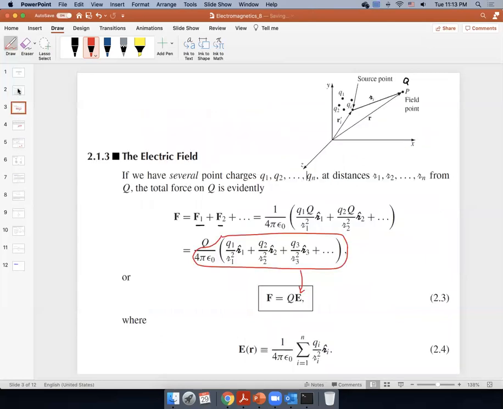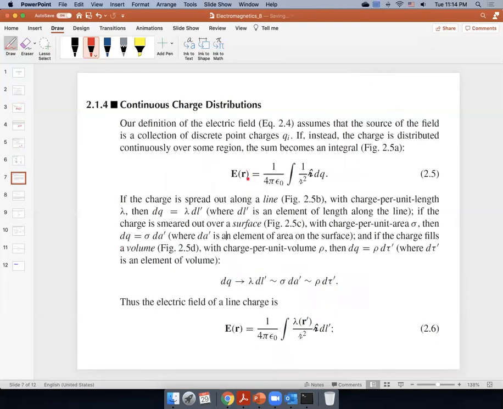Now let's see the equation of sum. So if it's for point charges or discrete charges, the field could be written as the sum of electric field for point charges. But if it's continuous charge distribution, then the sum becomes integral. So that's the definition of integral, right?